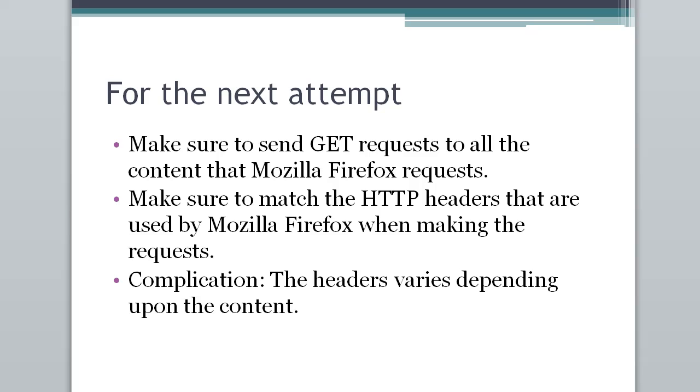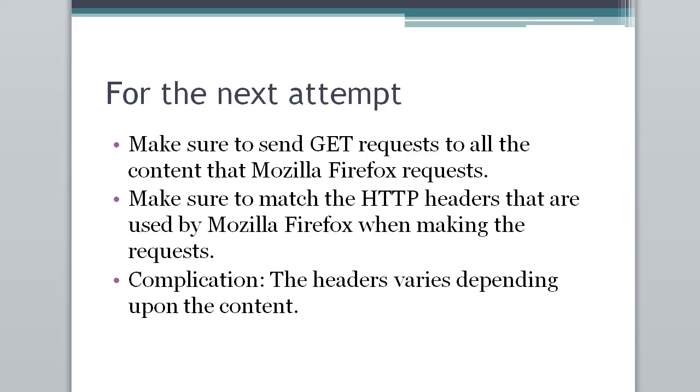Some headers can be more tricky to add, and some vary depending upon the content that is downloaded. For example, if you're downloading a picture, then the headers will reflect that, and if you're downloading just text, the headers will reflect that. So some headers are the same, but some headers will be different depending upon the GET request.